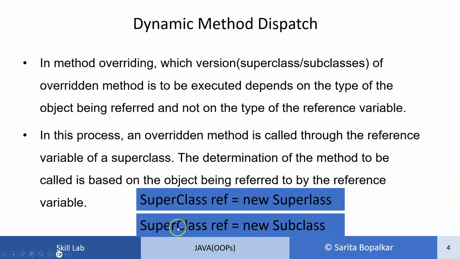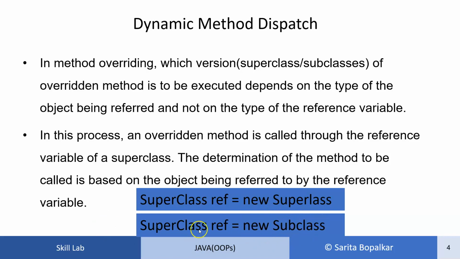Now another example: here the reference variable is a superclass reference variable, and here it is new subclass, so the object is a subclass object. In that case, whenever we call the overridden method, it gets called according to the object. That means the execution of the method is decided by whose object it is, which class object it is.